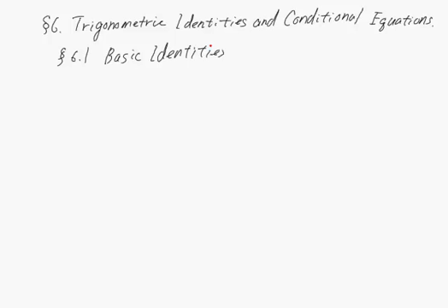An identity is just an equation that is satisfied by every number for which both sides are well defined. For example, x minus 1 equals x squared minus 1 divided by x plus 1. This is an identity because it is an equation satisfied for every number for which both sides are well defined.